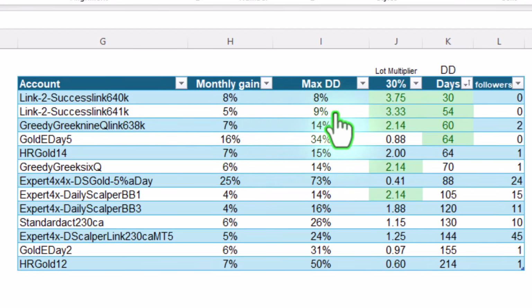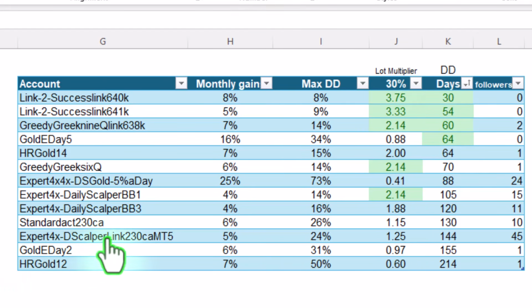The drawdown was 9%, so it's more than a month's worth, so that one's got 54 days of gains in its drawdown. And I went on like that, same formula, 60 days, 64 days, and so on. And as you can see, it goes all the way down to the bottom. So that's the one ratio that I calculated.